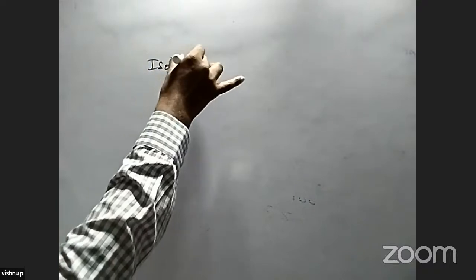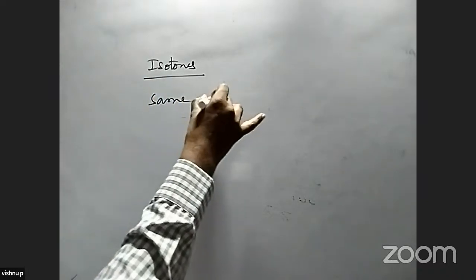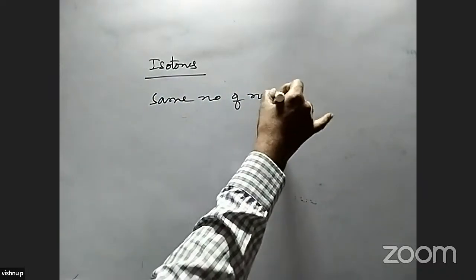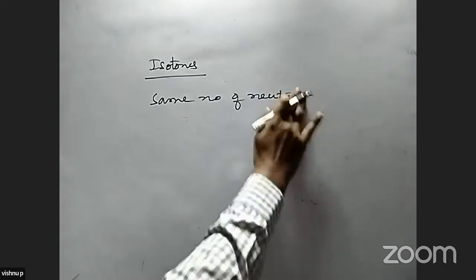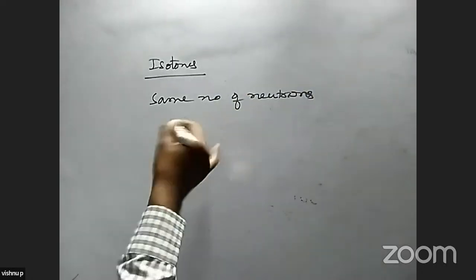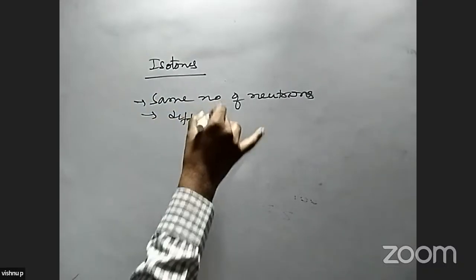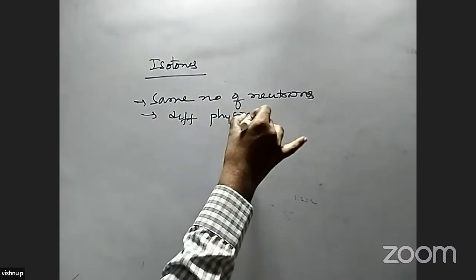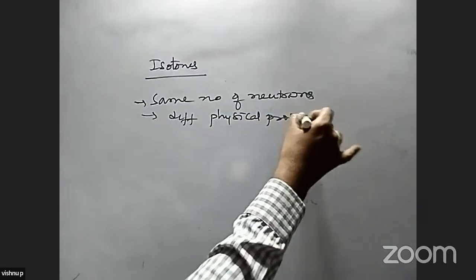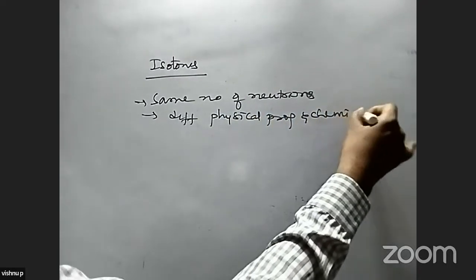The next is isotones. What are isotones? Any two elements containing the same number of neutrons are called isotones. Their physical and chemical properties are different.